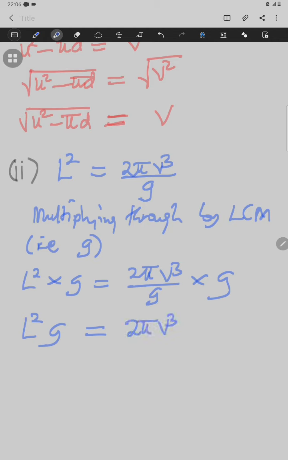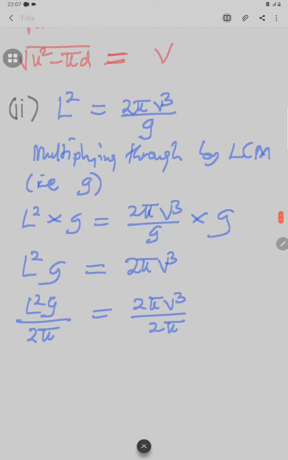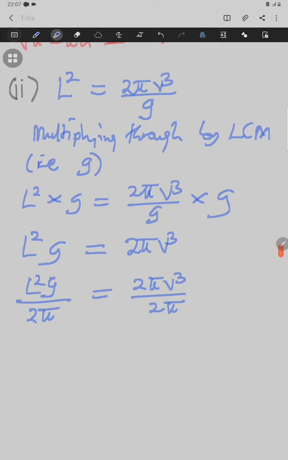So we have 2 pi V cubed. Now what do I do so that the V cube stands alone? Now the 2 pi is multiplying the V cube, so we divide through by the 2 pi. Please, I hope you are enjoying. Then now this cancels this.